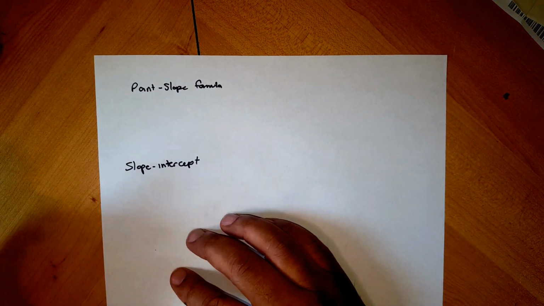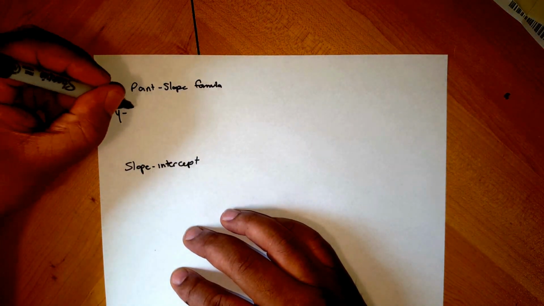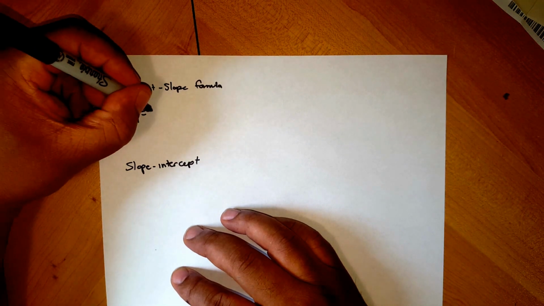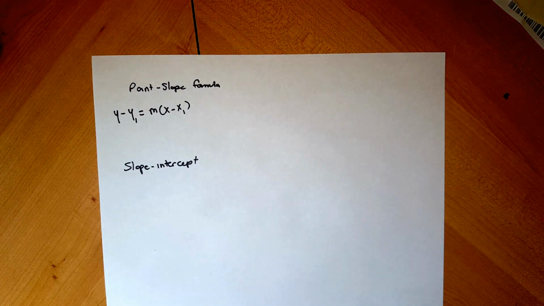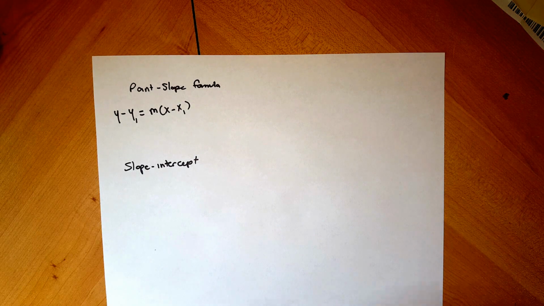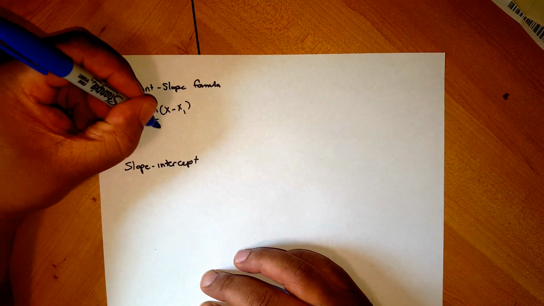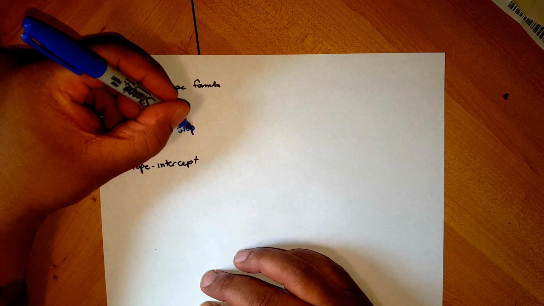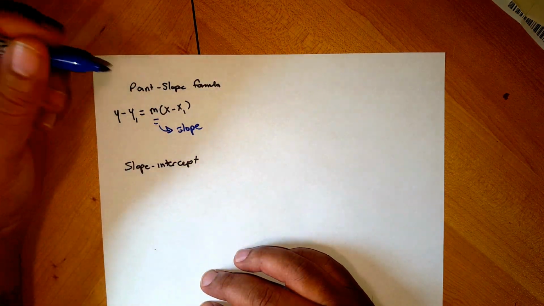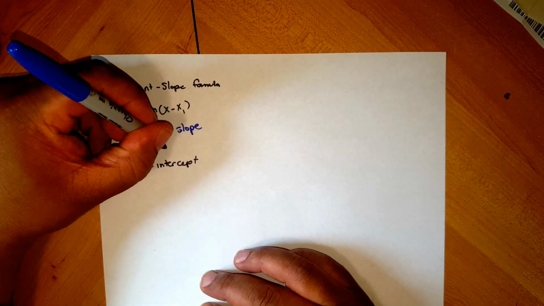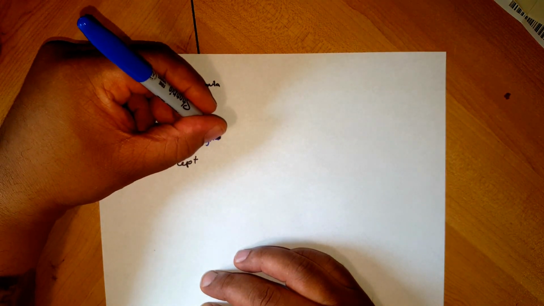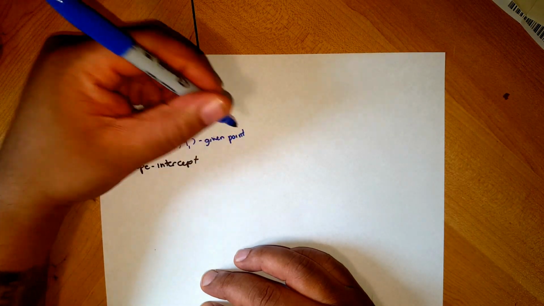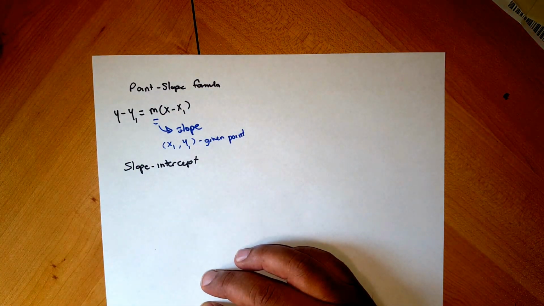Point slope essentially looks like this, where m is our slope, and x1 and y1 is a given point. Meaning they just tell us some point and some slope, and they write the equation.